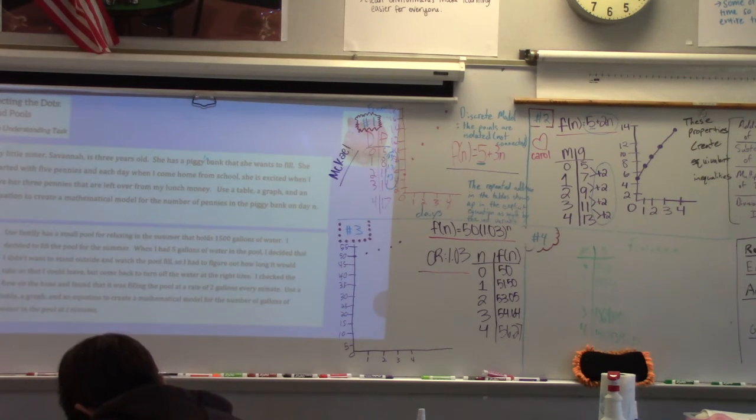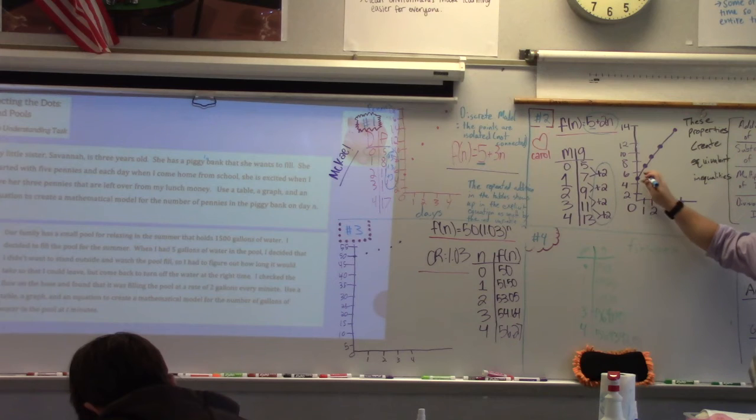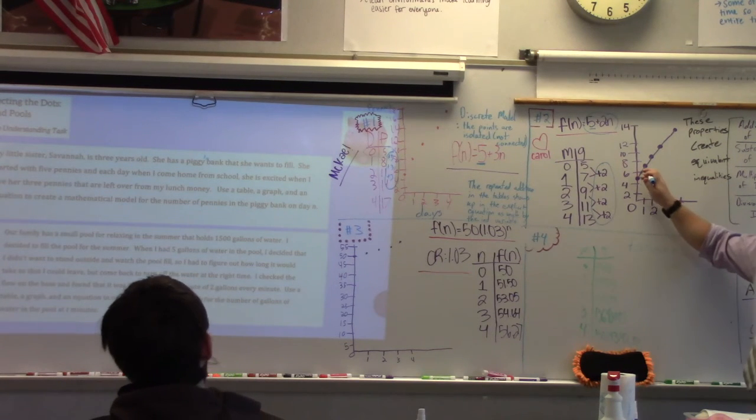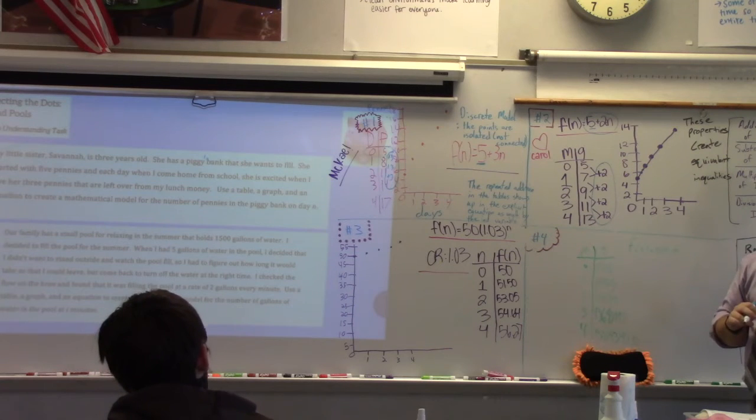When I look at number 2, and I look at this pool filling, it started at 5 gallons and it jumps up to 7. Is there any point where the pool has 6 gallons of water? Yeah. Does it just magically jump from 5 to 7? No. Is there a point when it has 6.5 gallons of water?